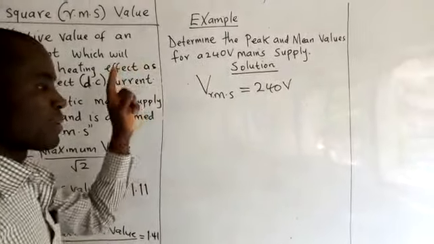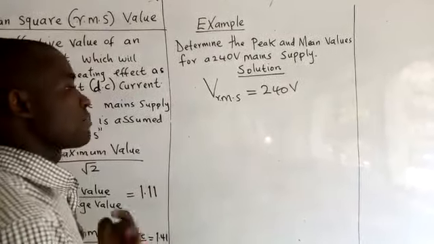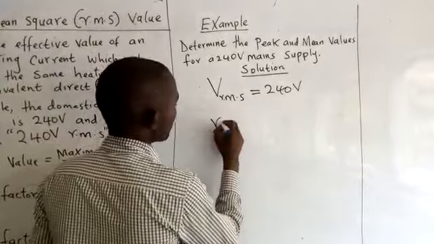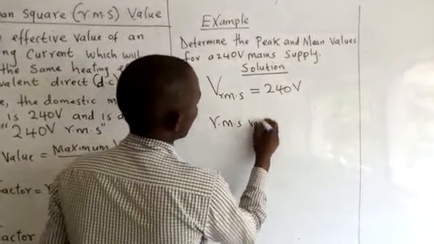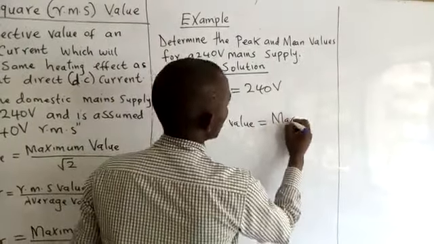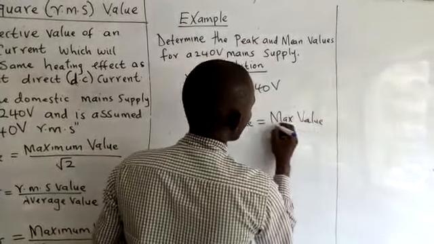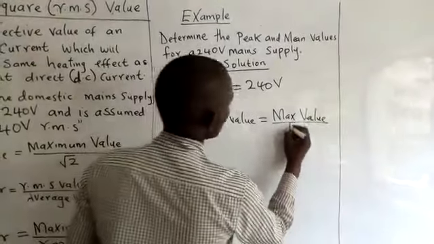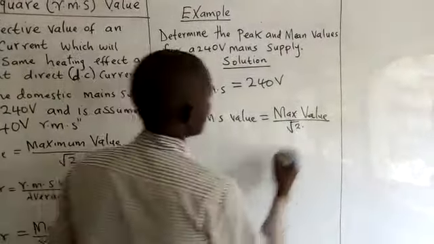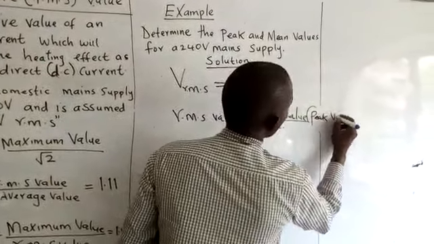Remember, the peak value is the same as the amplitude, is the same as the maximum value. And we know the root mean square value is given by maximum value divided by root 2. And remember, this is the same as peak value.